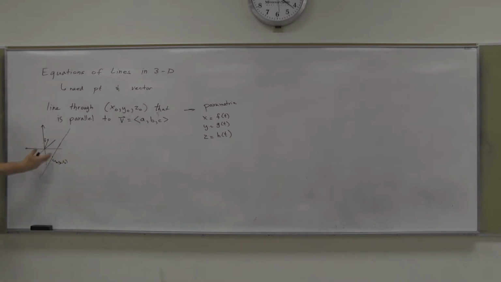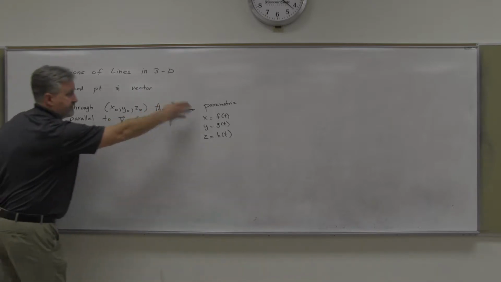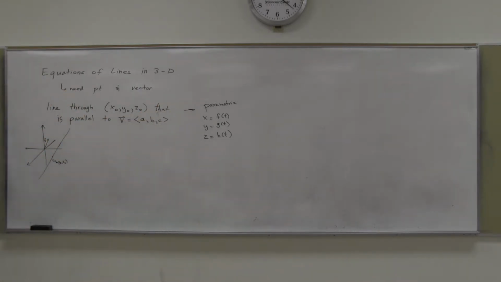So I need to come up with an equation of that. One way to do that is to take the line through this point and define it parametrically. Those will give me x, y, and z values for any point on this line. So let's pick a point on this line, x, y, z, to stand for any point on that line.